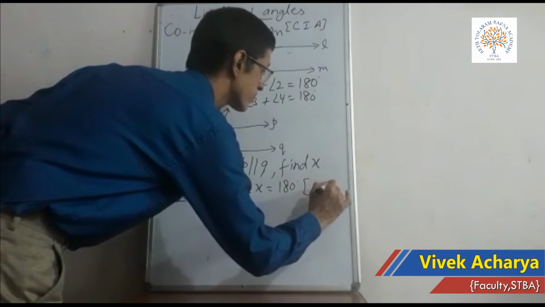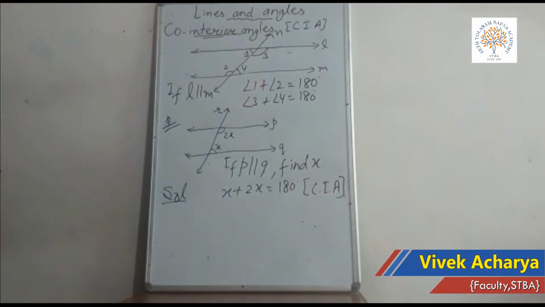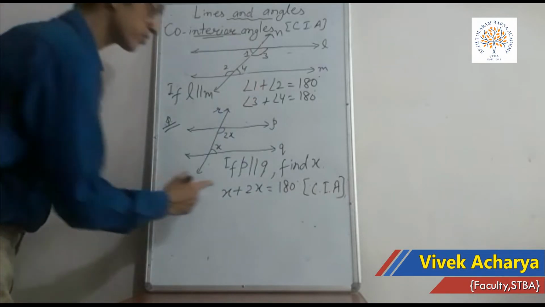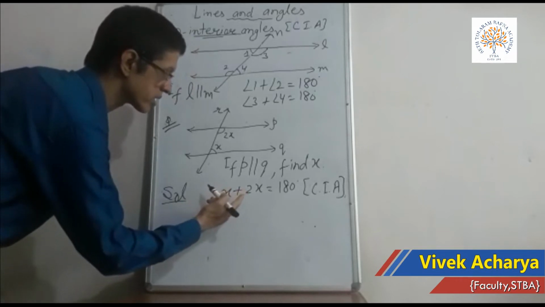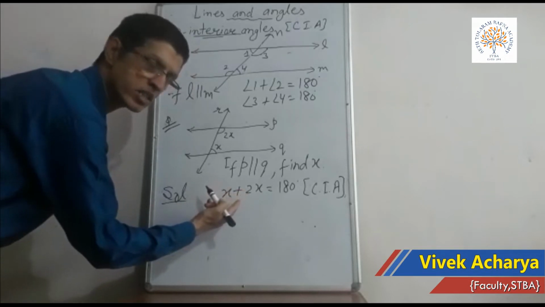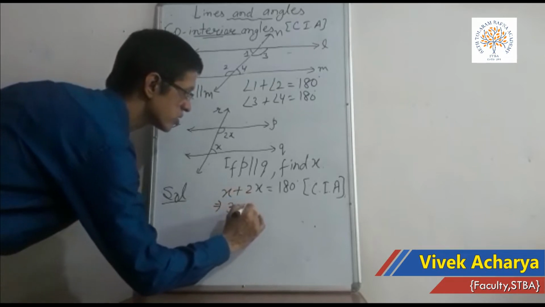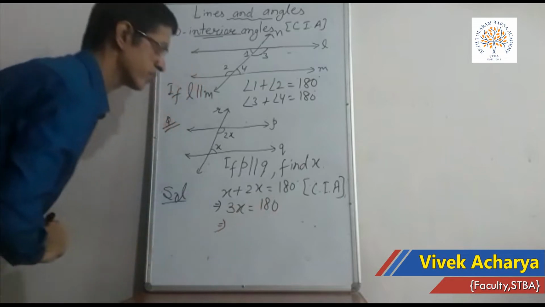By the property of co-interior angles, the sum is 180 degrees. Now X means 1X and this is 2X. So 1X plus 2X, when we add, we get 3X. So 3X is equal to 180 degrees.